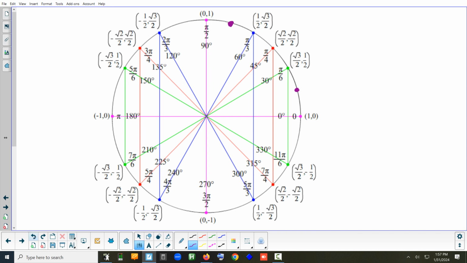The coordinate's a little more complicated to figure out than that. It ends up having, if I remember right, square roots of 6, square roots of 2, and I think a 4 in the denominator. Sometimes it's plus, sometimes it's minus. It depends on the quadrant. But it involves square roots of 6 and 2s.